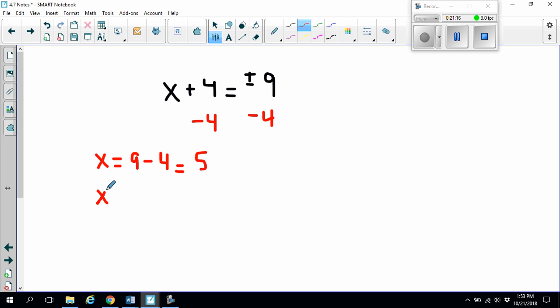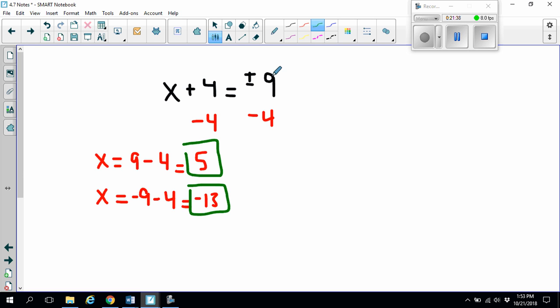Okay, if we do it for the other one, so minus 9 or negative 9, we can have negative 9 minus 4. And if we combine these two, that'll give us negative 13. And so our final two answers here would be 5 and negative 13.